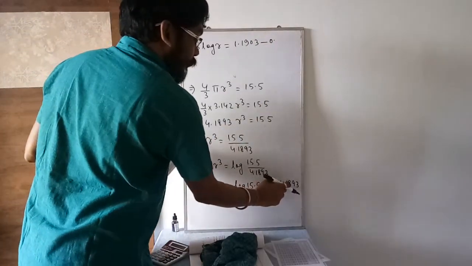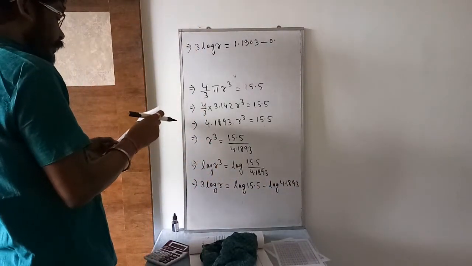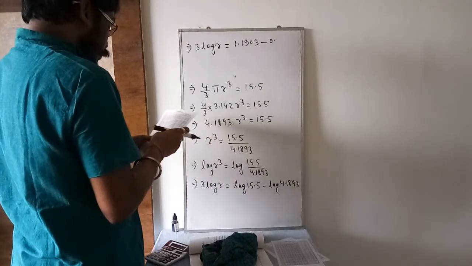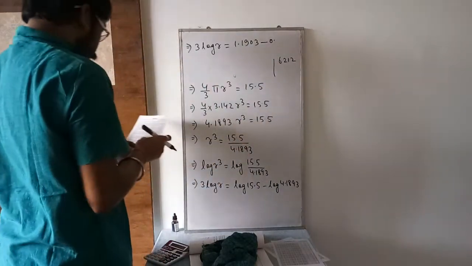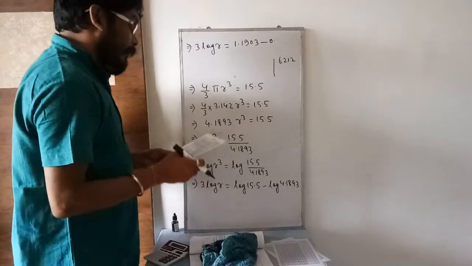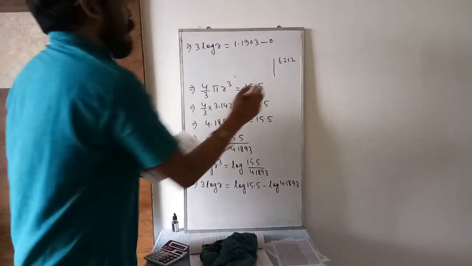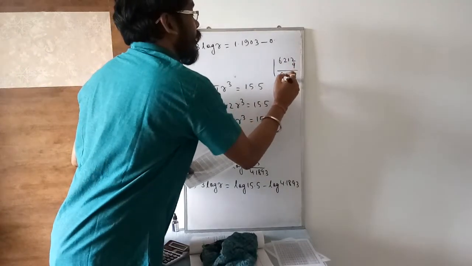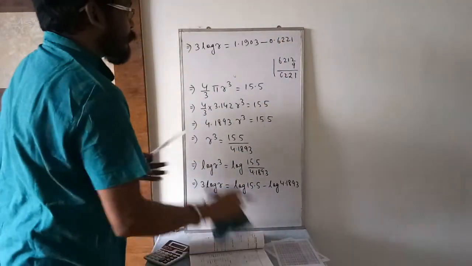In the log table you will see 41.8 and 9. 41.8 is 6212, and the mean difference for 9 is 9. So 6212 plus 9 gives 6221.